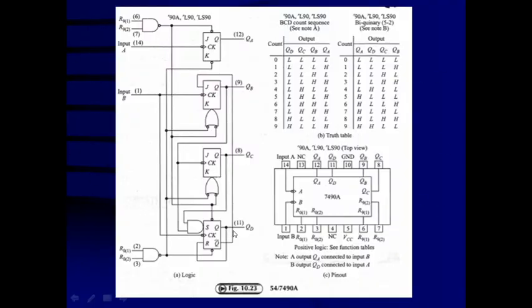So here the first three flip-flops are JK flip-flops, but the last flip-flop is actually an RS flip-flop, with its output Q connected back to its R input, and it works like a JK flip-flop. These three flip-flops B, C and D are forming a mode 5 counter. If you want to verify, you can check: the Q bar output of the last flip-flop, QD bar, is connected to the J input of flip-flop B.